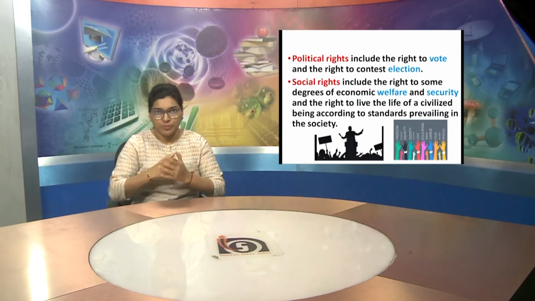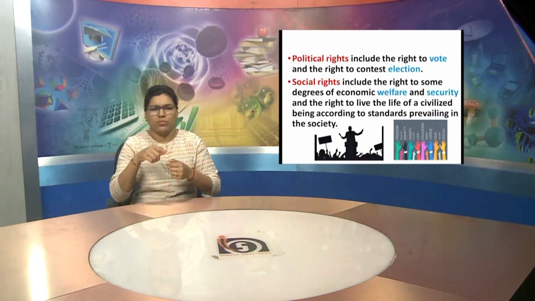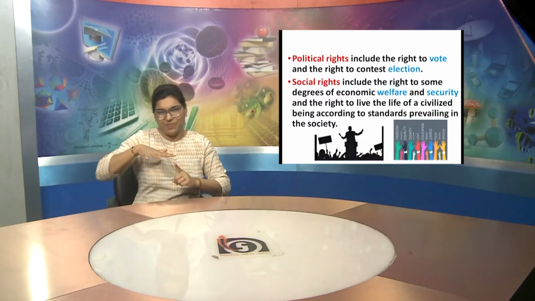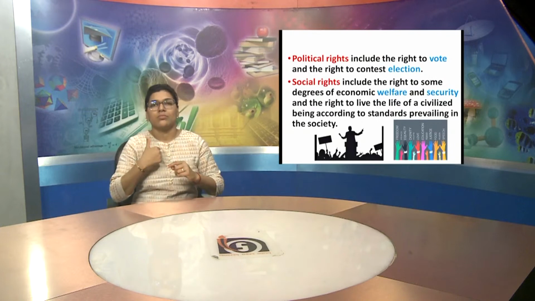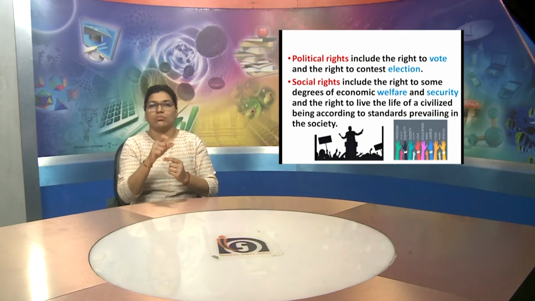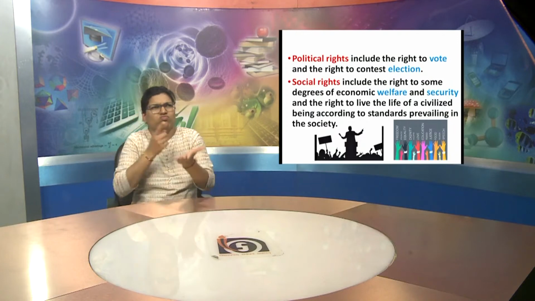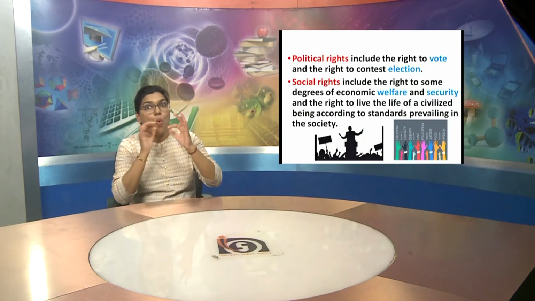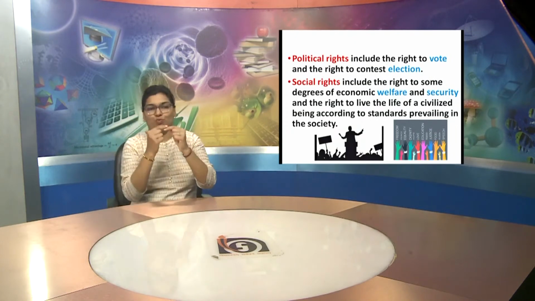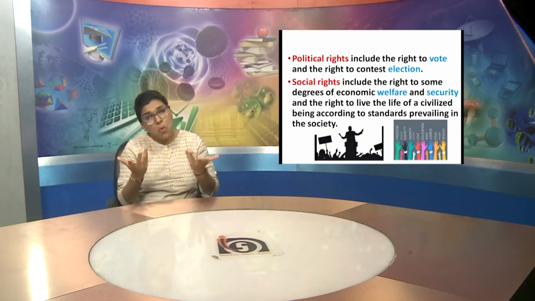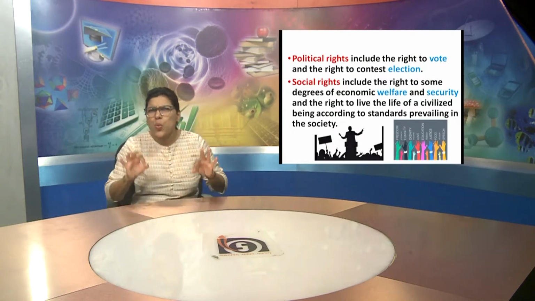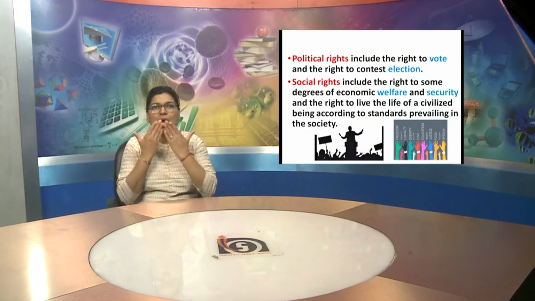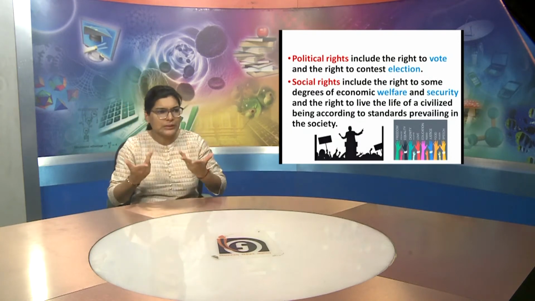Political right. Political rights include the right to vote and the right to contest elections. For example, I am living in UP and the government has given me some rights and responsibilities, plus the ruling party developed my area, then I'll vote for them again and again each time.